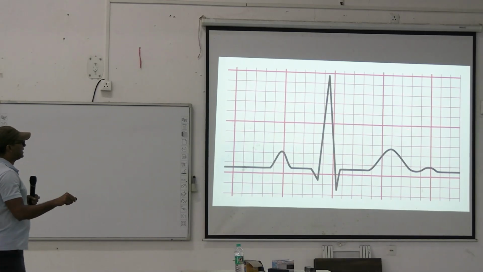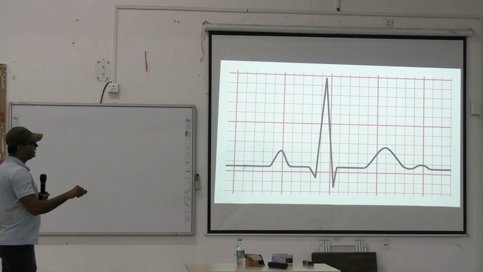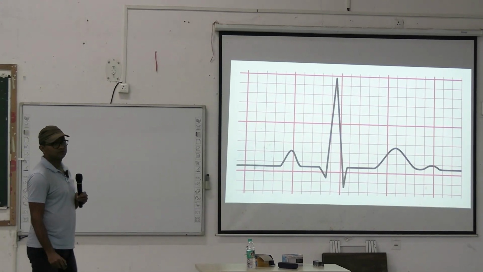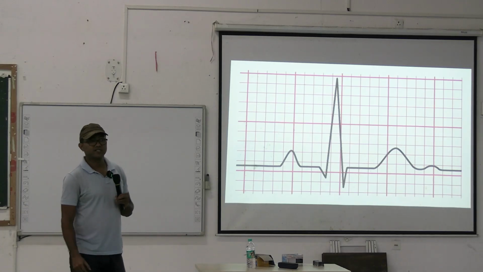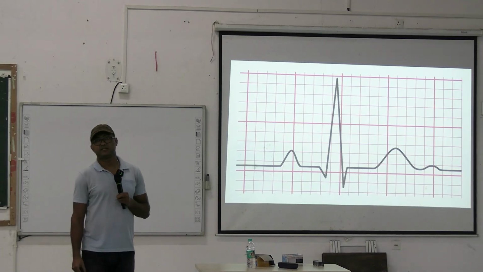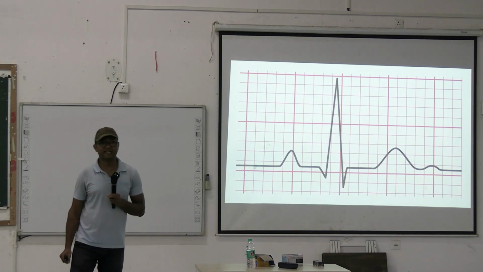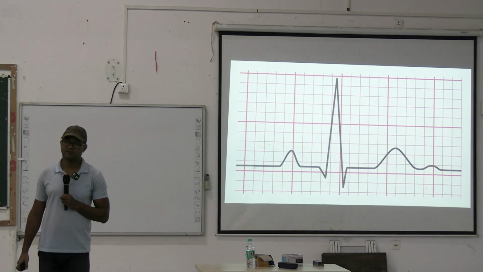In the x-axis, one small square is equal to 0.04 second, that equals 40 millisecond.